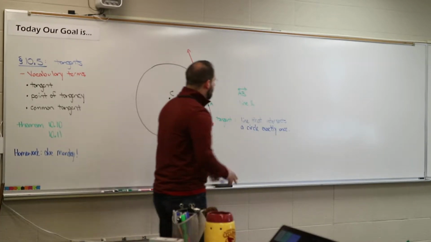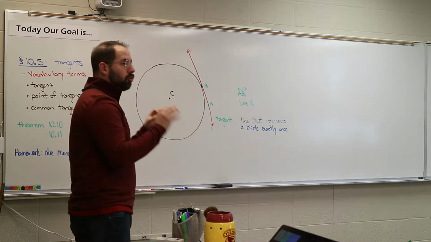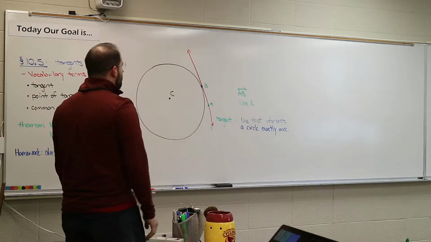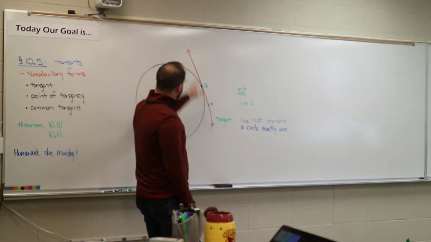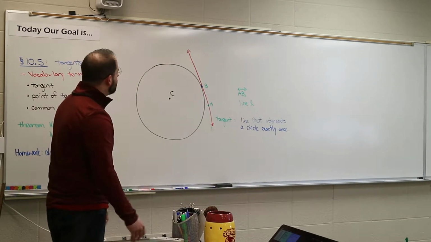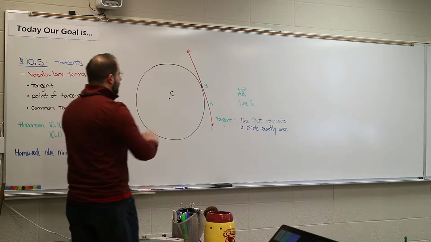Okay. And the idea with exactly once is that if it's a true line, that means it goes on forever. So you would actually have to draw an arrow so it kind of goes forever. So like it won't hit a second time. It's only perfectly grazing it. So that's the word tangent.